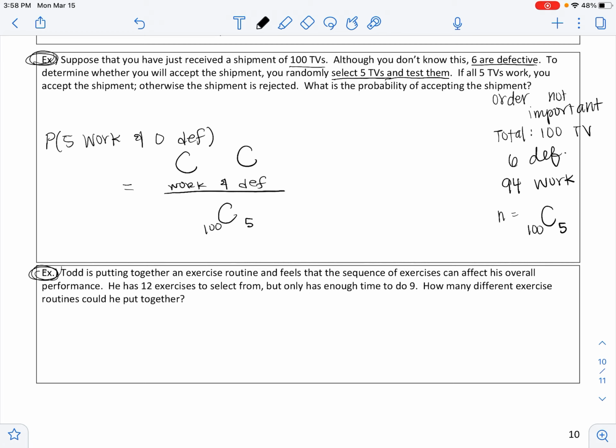Total amount of working TVs that we have is 94, and we want to select all 5. Again, and means multiplication. Then defective TVs, there's a total of 6, and we are going to select 0 of them in order to accept our shipment. Working this out on your calculator and rounding to 4 decimal places, we get 0.7291.